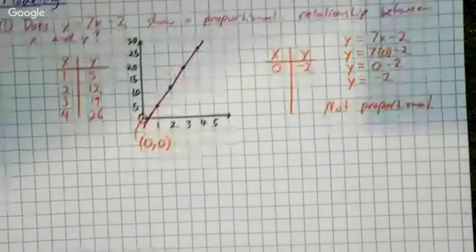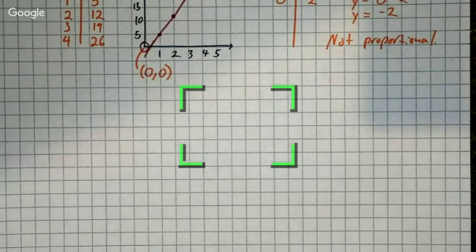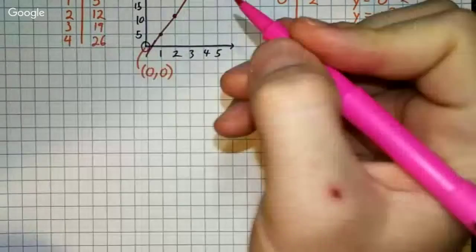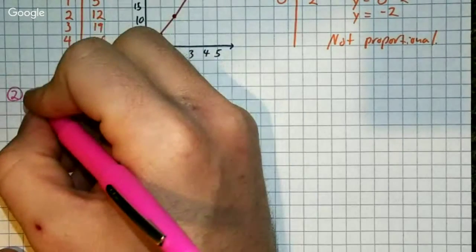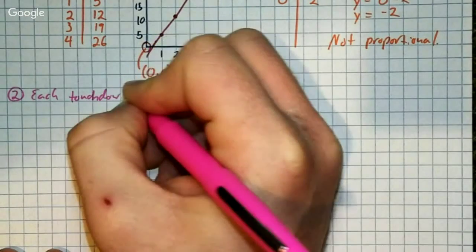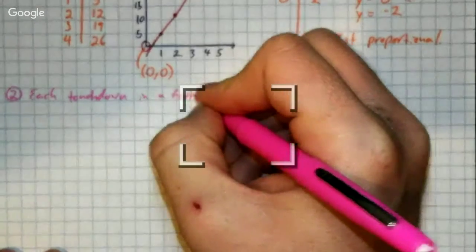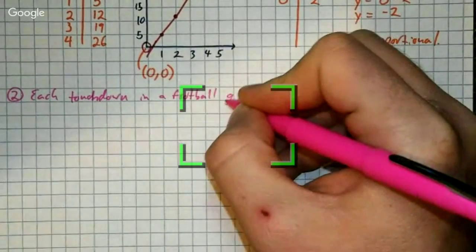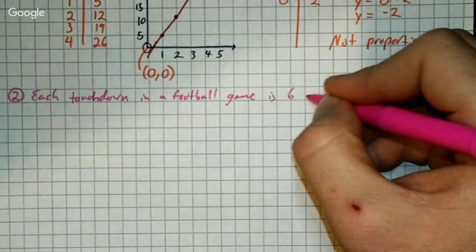All right, and let's now move on to number 2. Number 2, we'll jump a little bit back into football. Love talking about football. So each touchdown in a football game is 6 points.